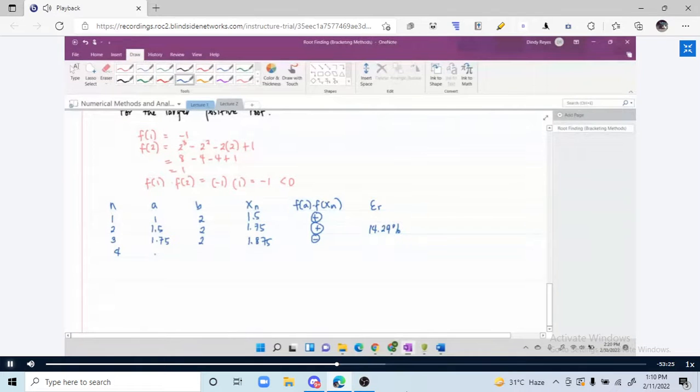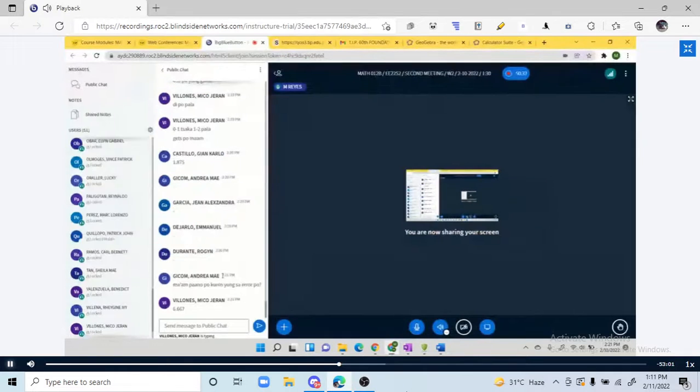Sige, isusulat ko. 4, tapos 1.75 dito, dito 1.875, dito 1.8125, dito negative. Natutunan mo? Hindi, di ba? That's why I'm asking you to solve. Kaya huwag kayong tamarin pindutin kasi yun lang yung gagawin nyo, pinipindutin nyo. Sinolve ko din yan. Ako lang mag-isa nag-solve din yan. Dito, tulong-tulong tayo.